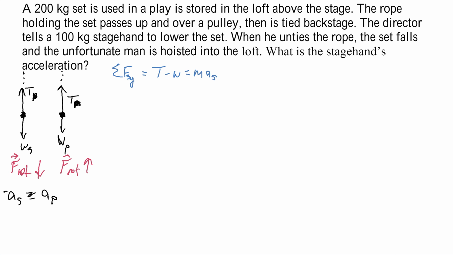We only have to focus on the y direction because there's no movement in the x direction. So m a_S, but what do we know about a_S? It's equal to negative a_P. So in a little bit, we're going to have to fix that, okay?